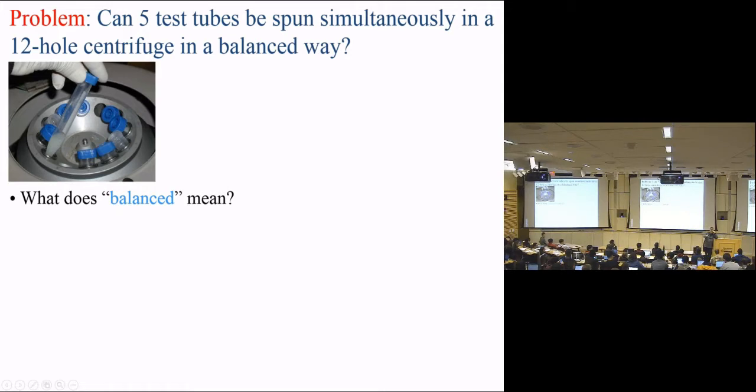Okay, so let's hold off on the solution. Let's first answer this question. What does balanced mean with respect to somebody or something rotating? Equal angle distance between each. So he's saying if it's equally spaced around the circle, it'll be balanced. How many agree?